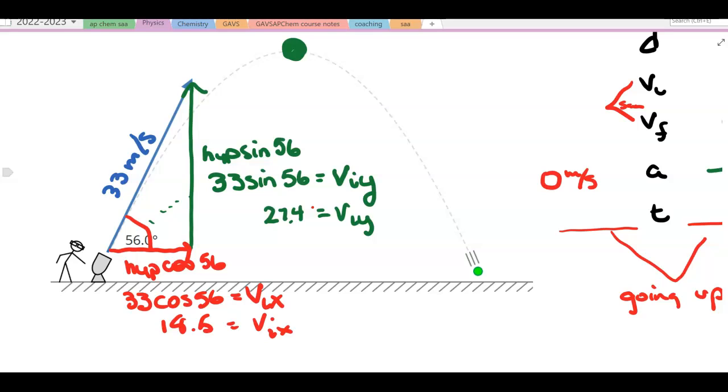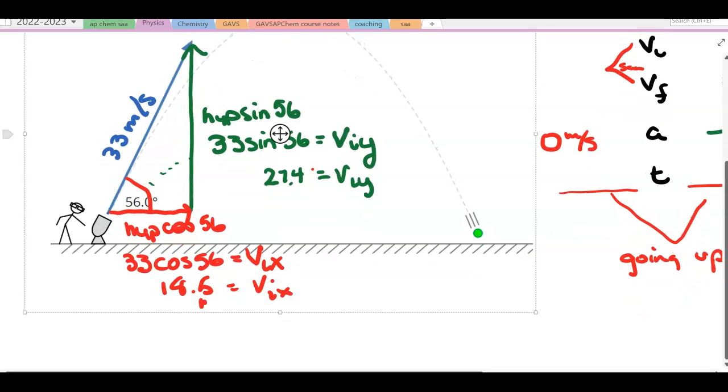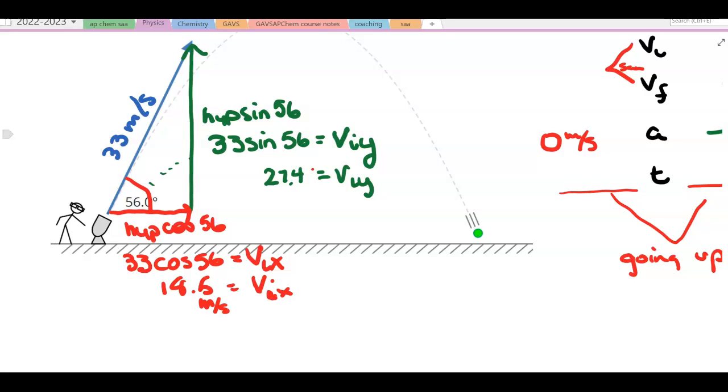So you see V initial in the up and down Y direction is 27.4 meters per second. And using the cosine function for the adjacent side, I get 18.5 meters per second as my velocity initially in the horizontal direction.